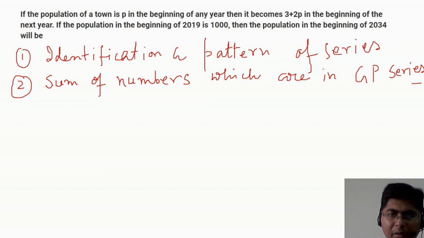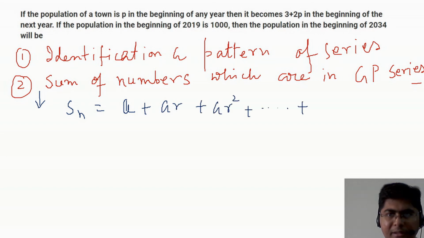Okay. Now let us understand what the formula would be. Let's take it here. For example, A plus AR plus AR square plus dot dot dot plus A into R to the power n minus 1. Now what does this series look like?